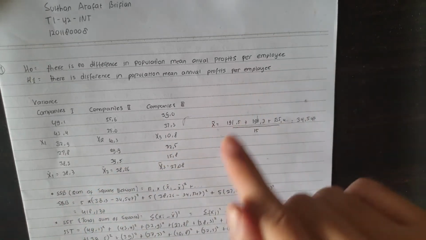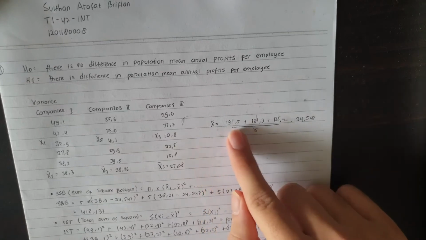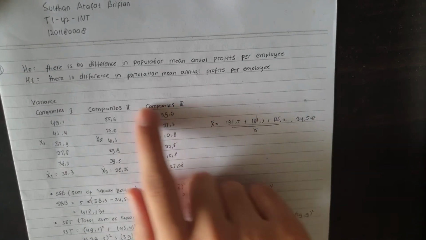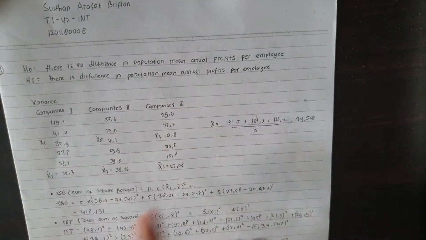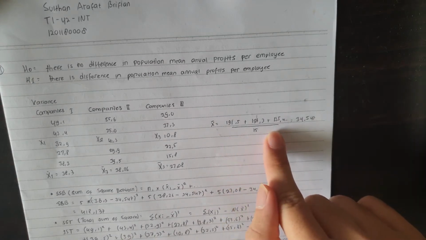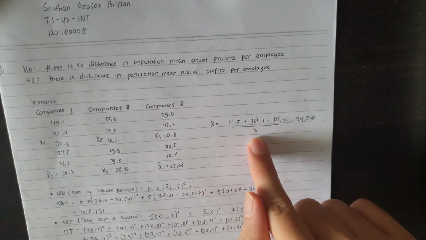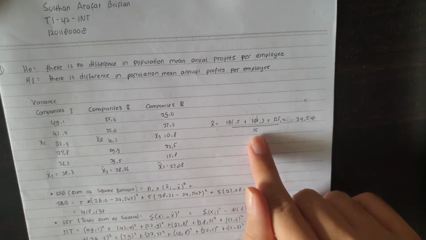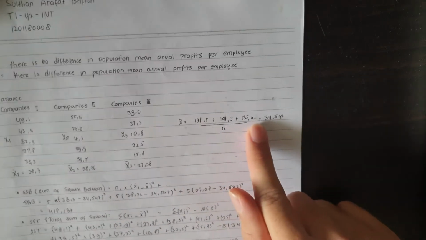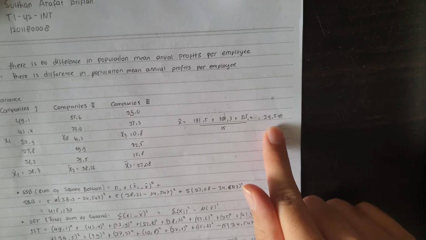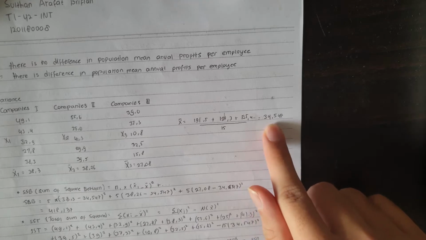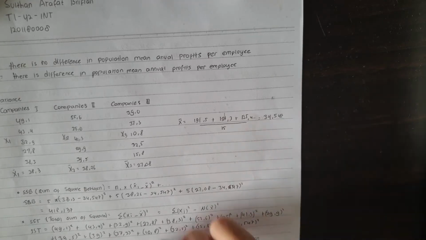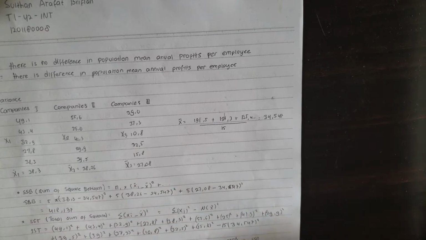After that we have to find x bar, which is the total of companies 1, 2, and 3, divided by the number of data from companies 1, 2, and 3, which is 15. And then we found the result is 34.547.